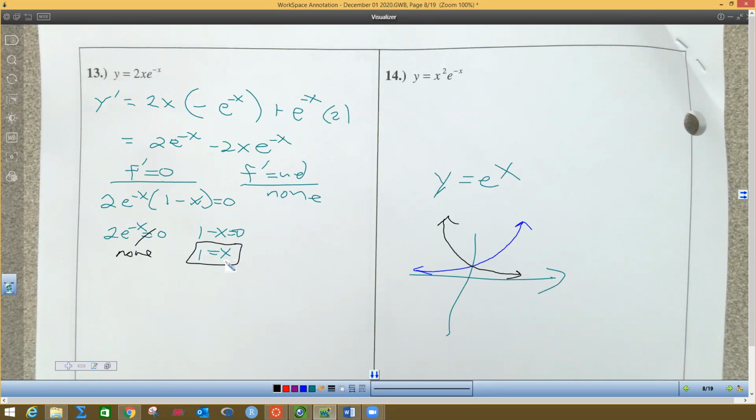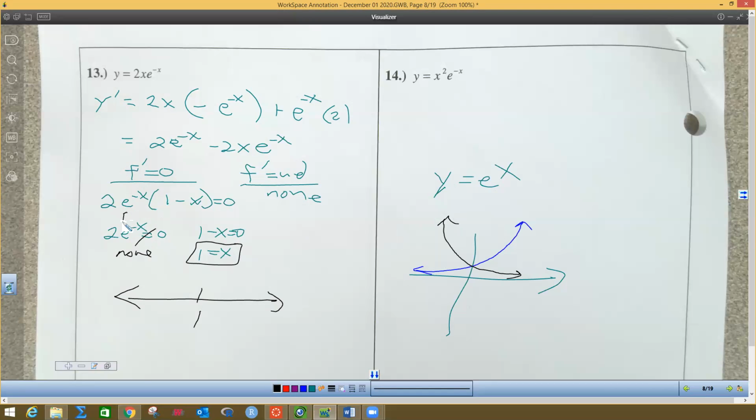So I need to do my number line. And if you notice, unlike the last one that said 0 to pi, there aren't any intervals. So this means we're going from negative infinity to infinity. I've got to put my 1 here, and all I have to do is pick a number to the left, a number to the right, and plug into these two factors and see what I get. If I plug in 0, I hope you see this is positive forever.